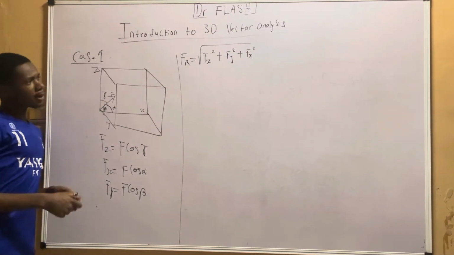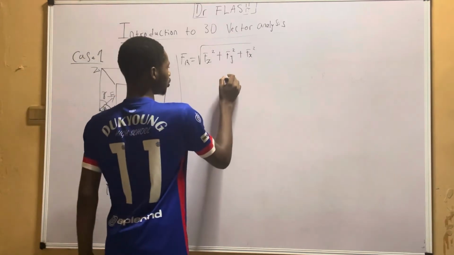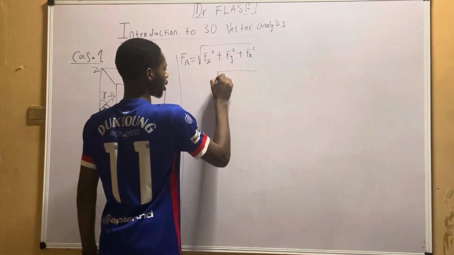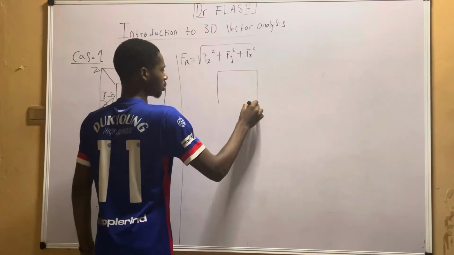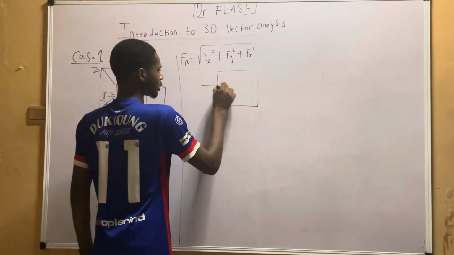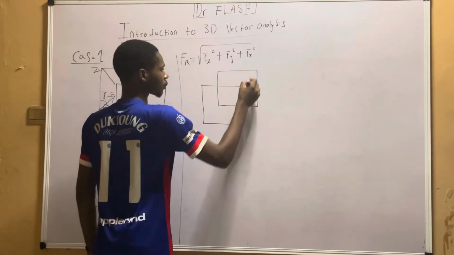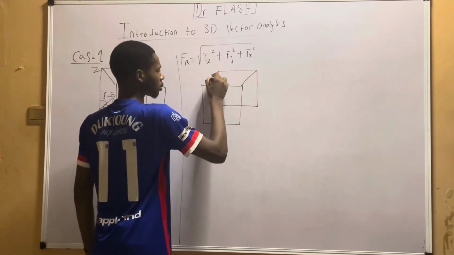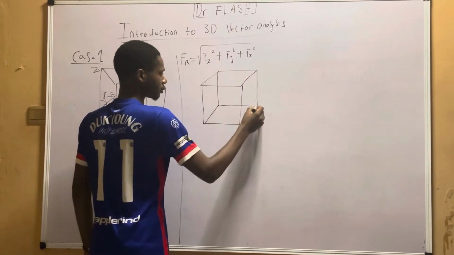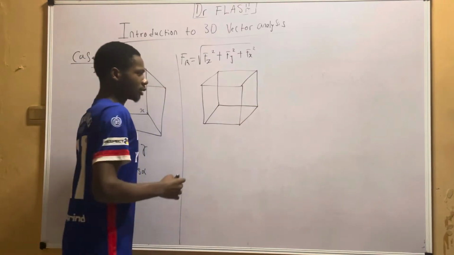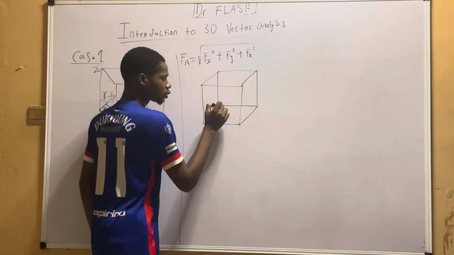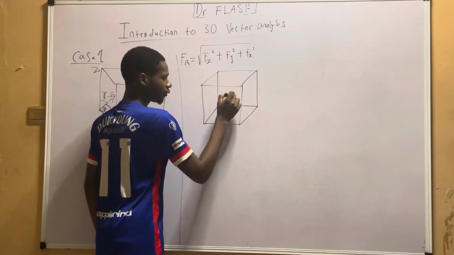Now, how about a case like when we have something like this? Okay, in this case I'm going to draw the vector like this.